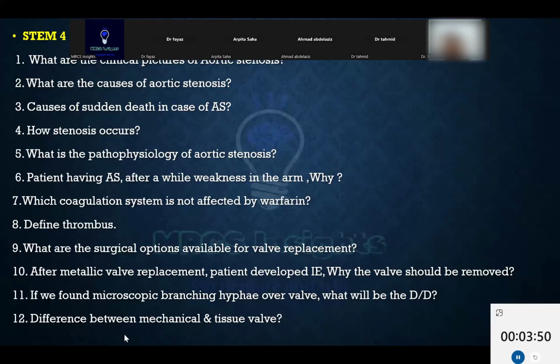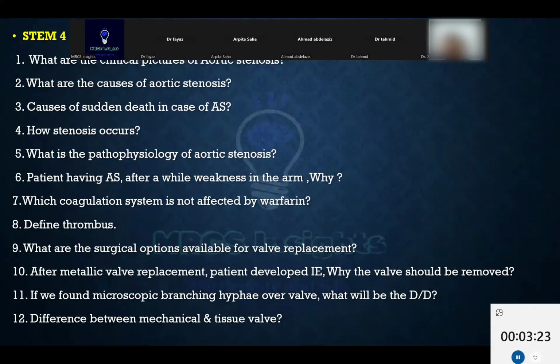Can you tell me some differences between mechanical and tissue valve? Mechanical valve causes a machinery click, and tissue valves are basically noiseless. Mechanical lasts 30 to 40 years. There is decreased chance of reoperation, but in case of tissue valve, there is increased chance of reoperation as it will last about 5 to 10 years.